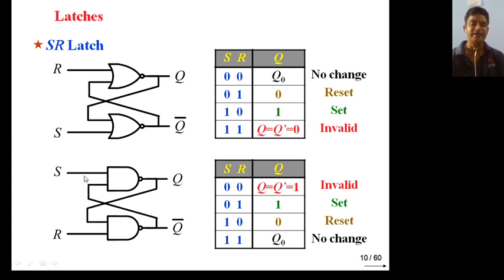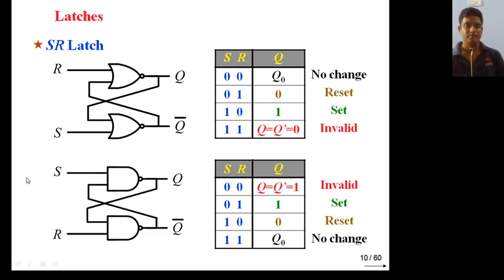If one input is low, the output of the NAND gate will be 1. Then 1 and 1, it will be 0.